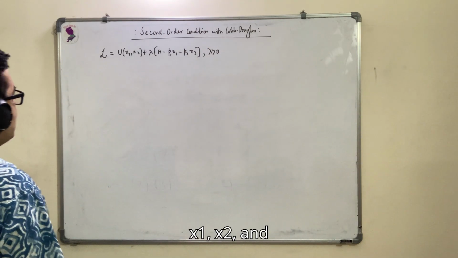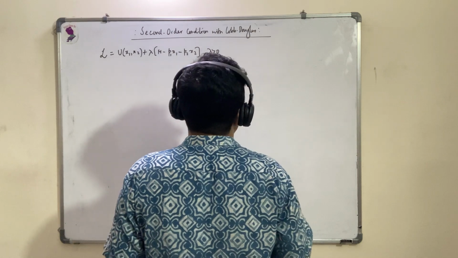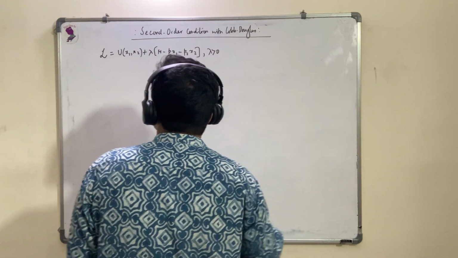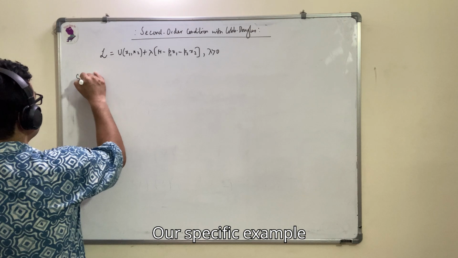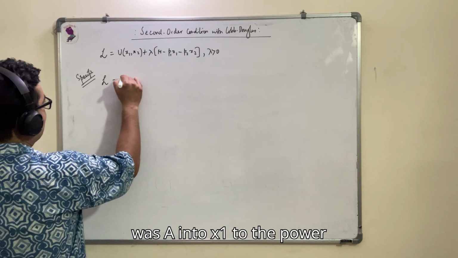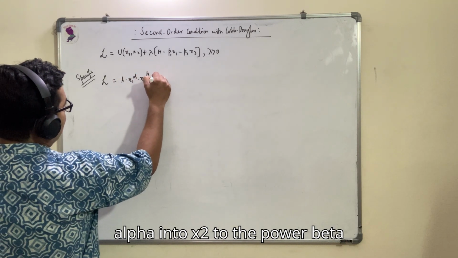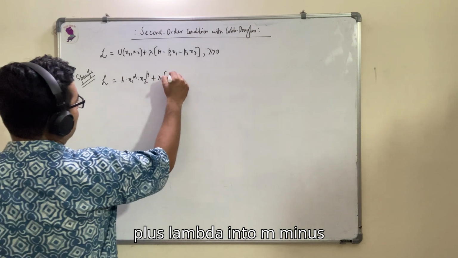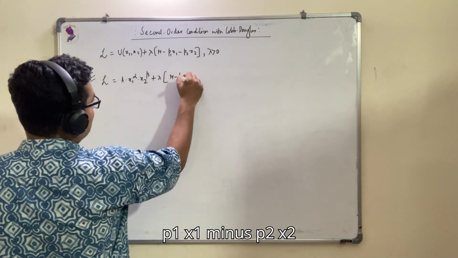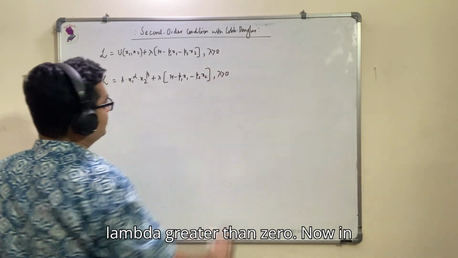Our specific example was A into x1 to the power alpha into x2 to the power beta plus lambda into m minus p1 x1 minus p2 x2, lambda greater than 0.